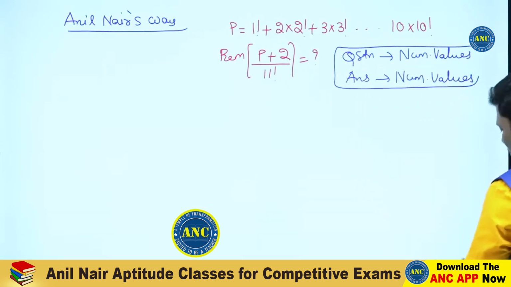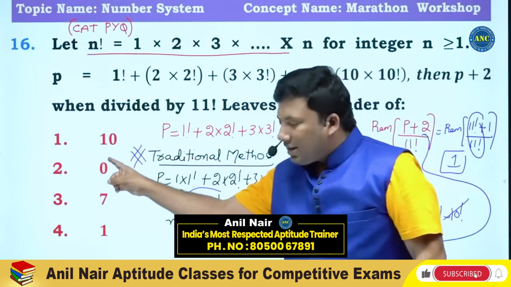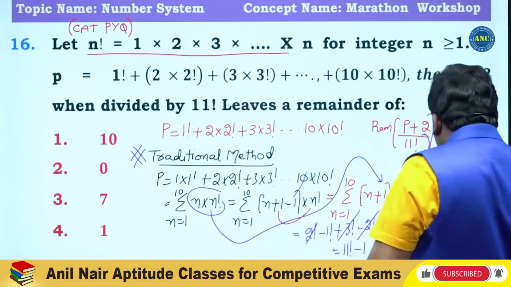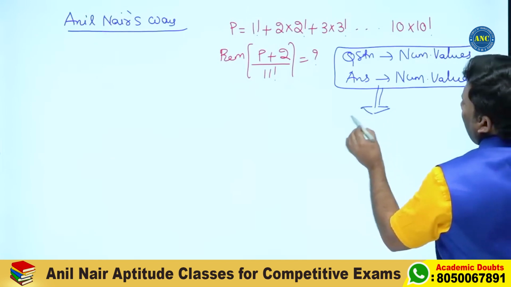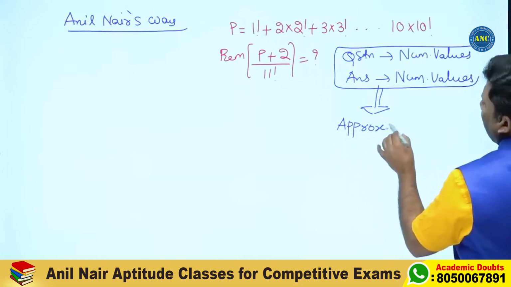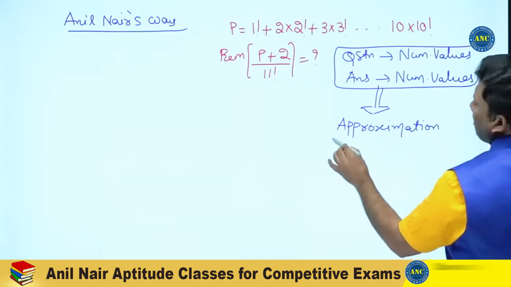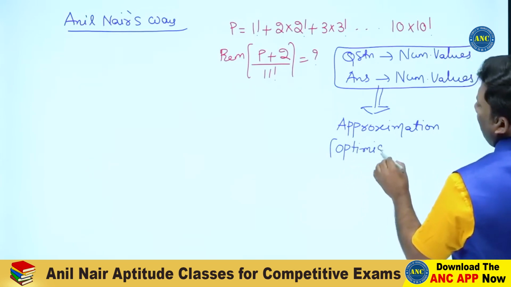The question contains numerical values, the answer contains numerical values. Yesterday we discussed, we can approximate. Approximation, in other words, can also be told as we can optimize it. Optimization.